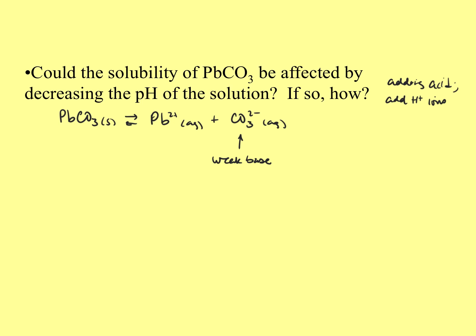So the addition of the acid would mean that the carbonate ion concentration would decrease. And then the equilibrium will shift to product, and the products are aqueous, and therefore solubility will increase as a result.